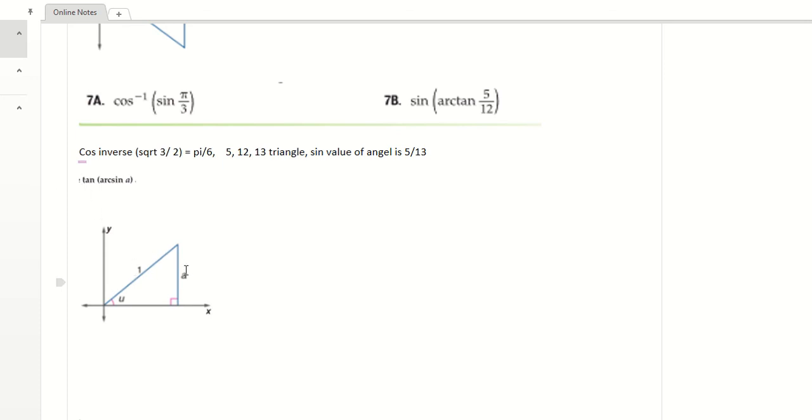When you take tangent of that, it is A over, what is here?